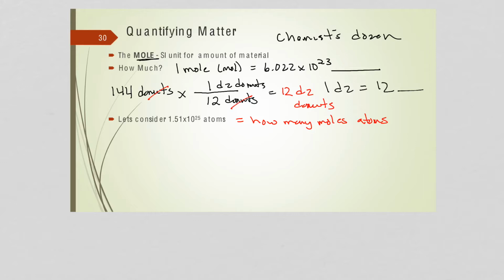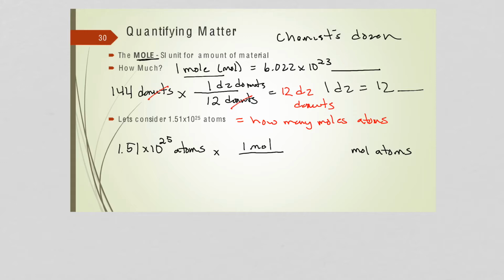We're going to convert our individual number of atoms, 1.51 times 10 to the 25th atoms, into moles of atoms. And we're going to use our conversion factor, that 1 mole, and we want that on top because that's what we're trying to find.